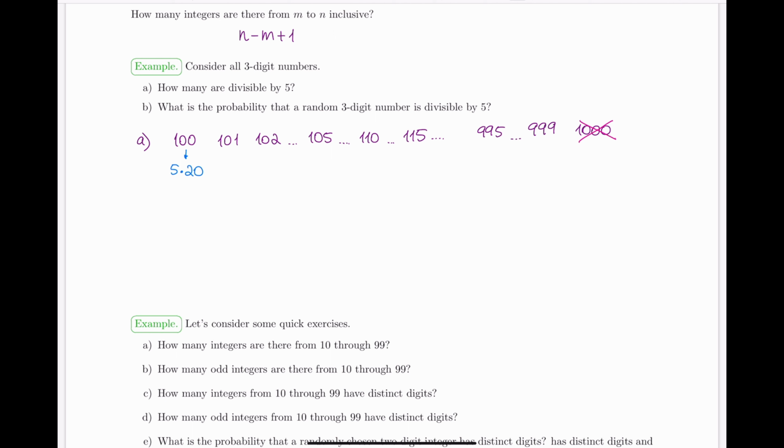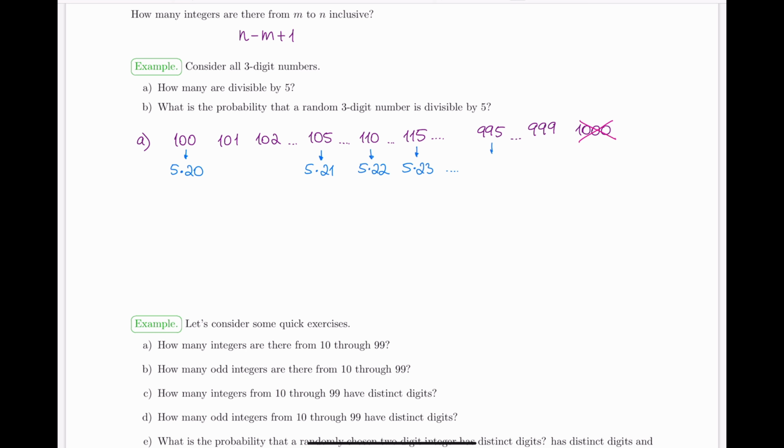This is my first number divisible by 5. 105 is 5 times 21. 110 is 5 times 22. My 5 doesn't change, but my multiples go up by 1. And so I'm going to have 5 times 23 and so on, all the way up.